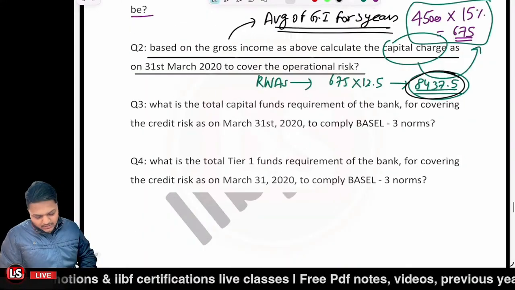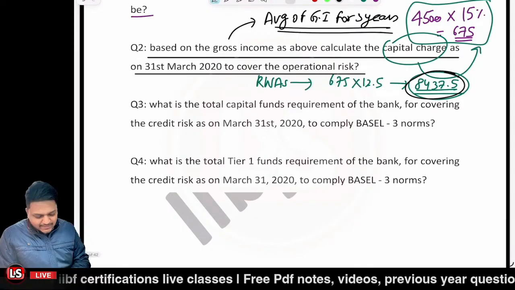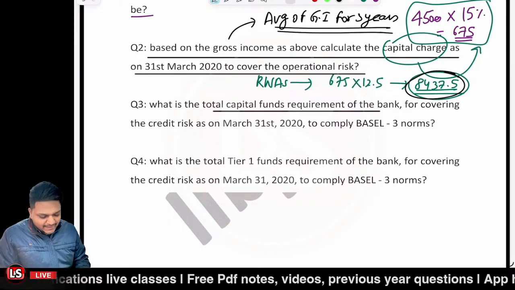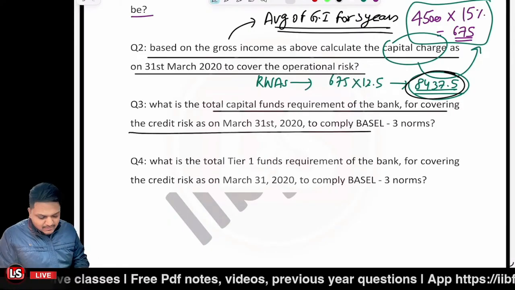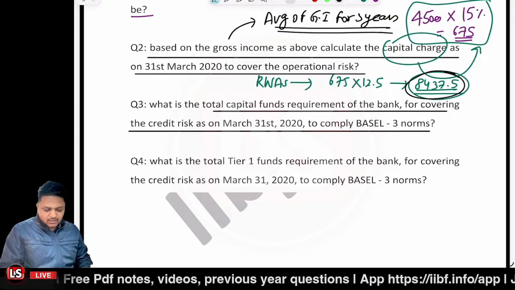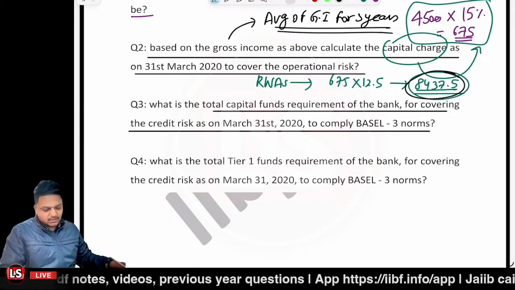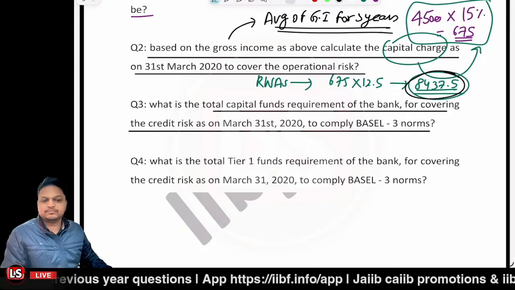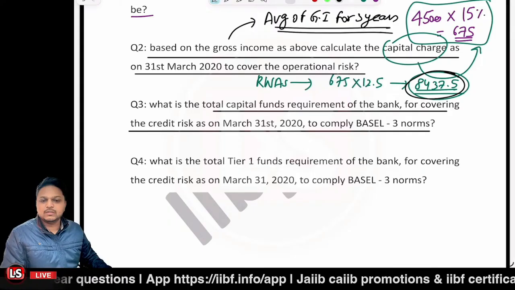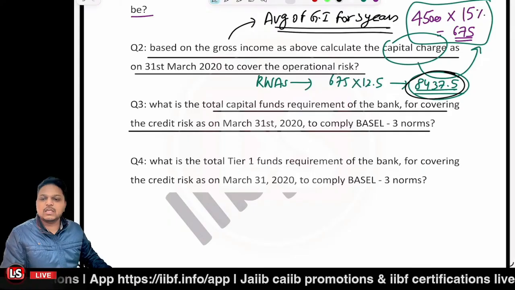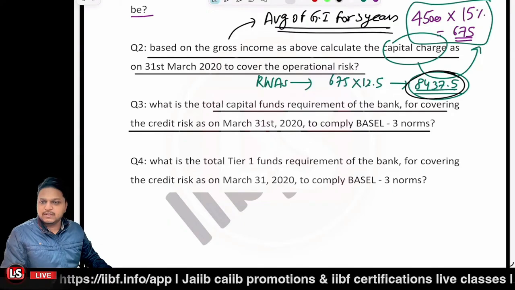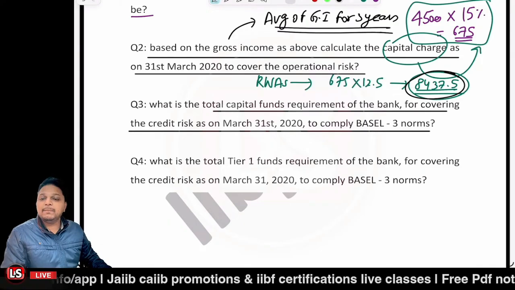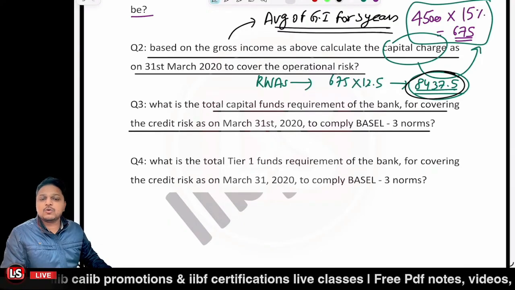The next question. What is the total capital funds requirement of the bank for covering the credit risk as on March 31, 2020 to comply with the Basel III norms? Total capital funds we are talking about now. Let's have a look at the question statement first.